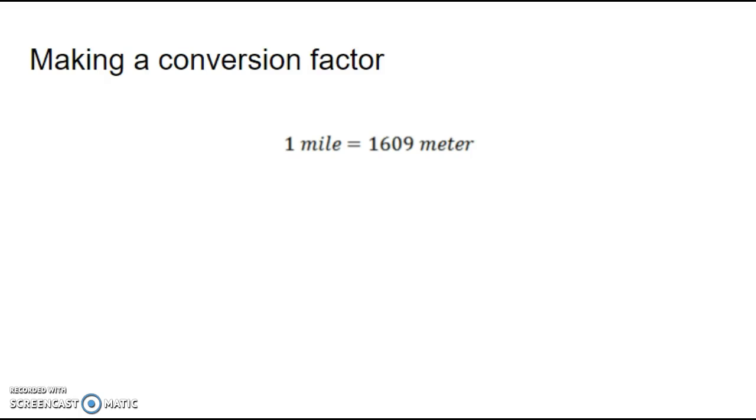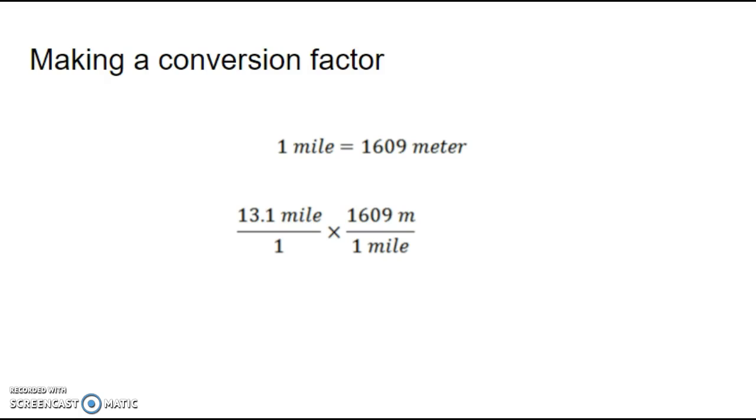So let's try making a conversion factor that will work for us. I'll give you a moment. If you use the conversion factor of 1,609 meters divided by 1 mile, you are correct, because now we can multiply that by 13.1 miles, and what units will cancel out here?